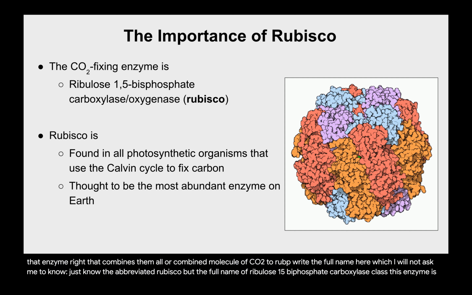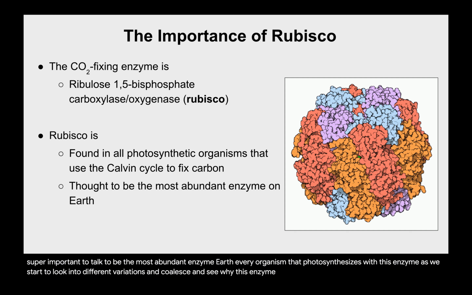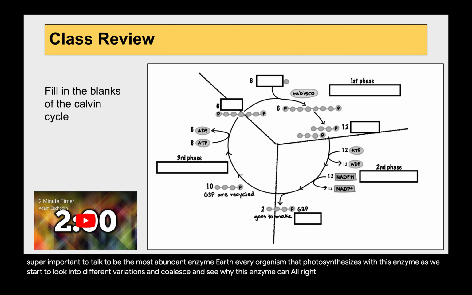This enzyme is super important. It's thought to be the most abundant enzyme on Earth. Every organism that photosynthesizes will need this enzyme. And as we start to look into different variations in photosynthesis, we will see why this enzyme can become very important.